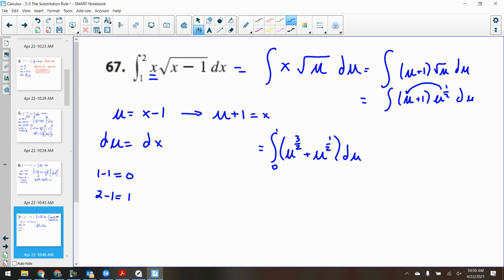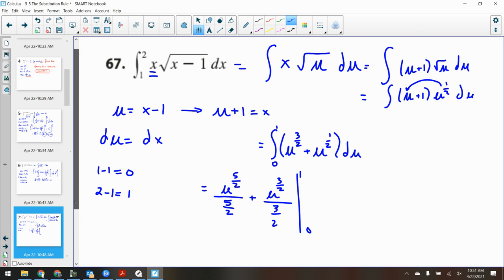Again, you plug in the lower boundary and the upper boundary, and that's where you put your new definite integral endpoints. All right, let's perform my integral. So I've got u to the 5/2 over 5/2 plus u to the 3/2 over 3/2 from 0 to 1.